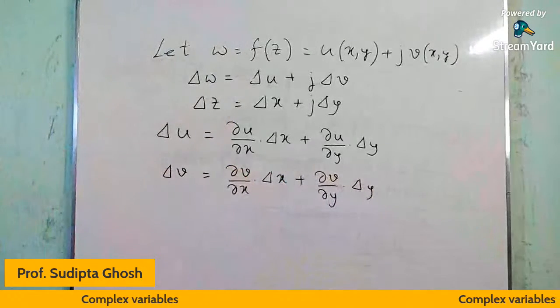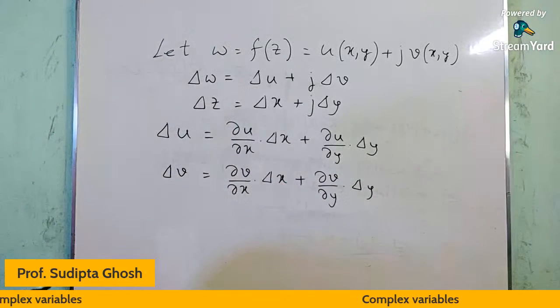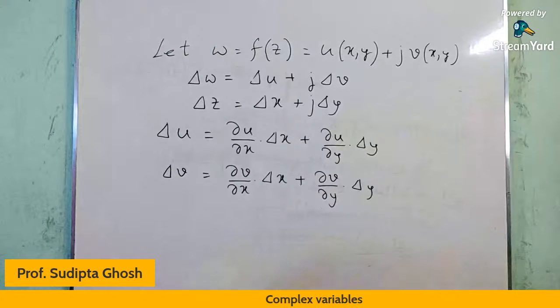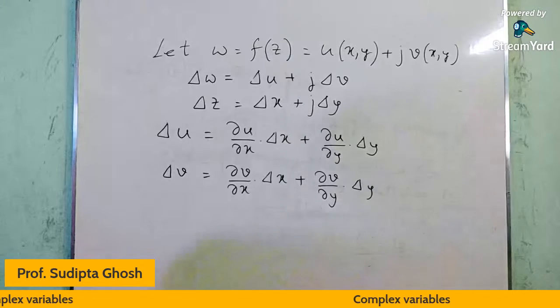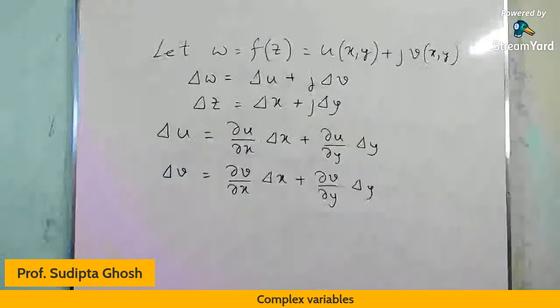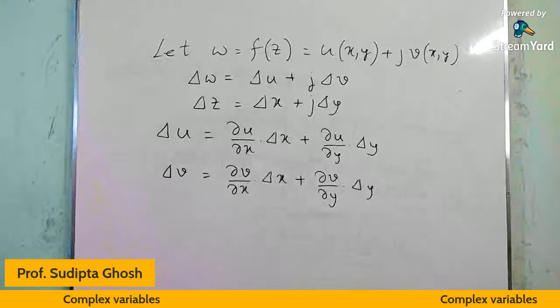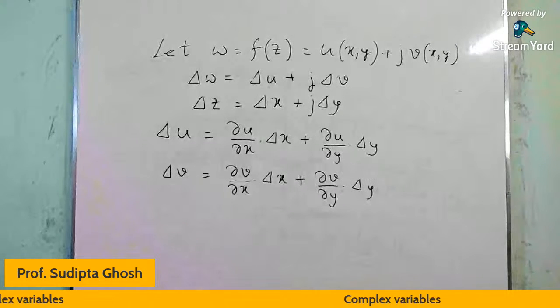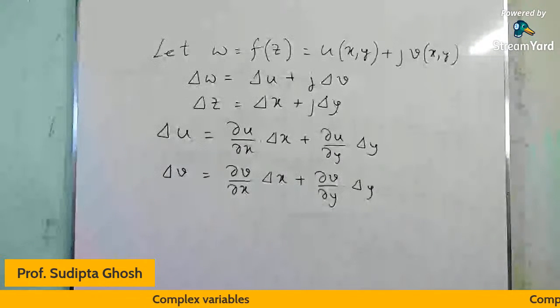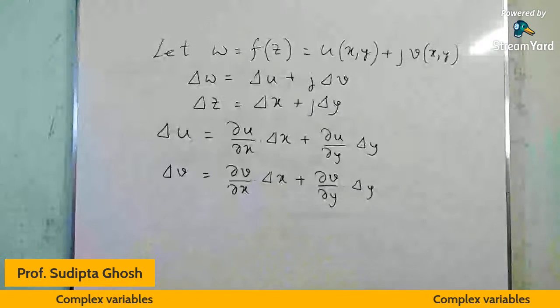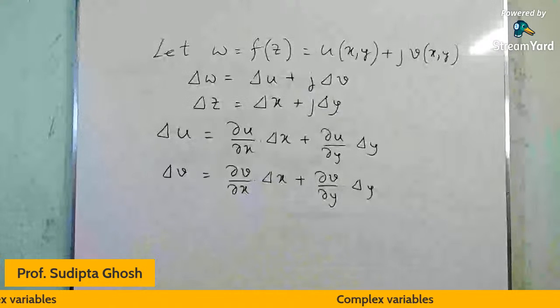So delta w can be written as delta u plus j delta v, delta z can be written as delta x plus j delta y, and I have written delta u as del u/del x dot delta x plus del u/del y dot delta y, and delta v equals del v/del x delta x plus del v/del y dot delta y.